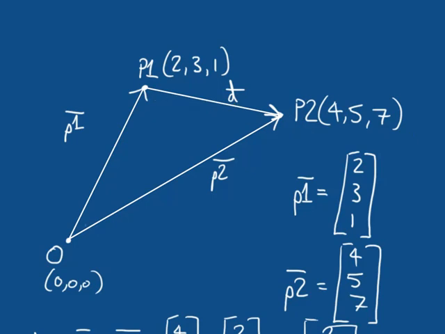Well, what if we travelled along the length of P1 from our origin, and then travelled some scaled version of D. If we scale D, we know we're going to keep the same direction, which means we are going to be travelling along our line, but we're going to change the distance, which allows us to travel to various points along that line.